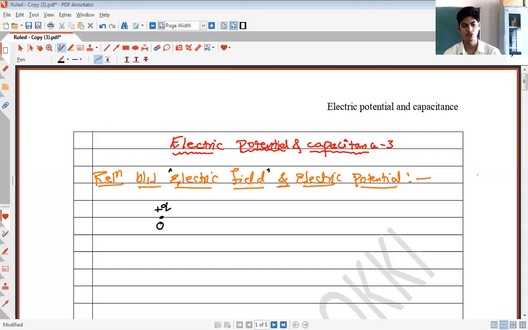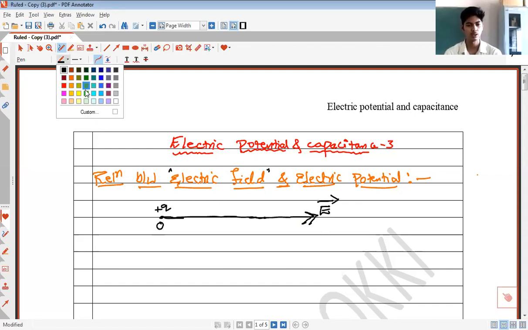Yes. Due to a positive source charge, the electric field must be radially outward. So we will first represent that electric field. Let this be the direction of the electric field due to a positive source charge.